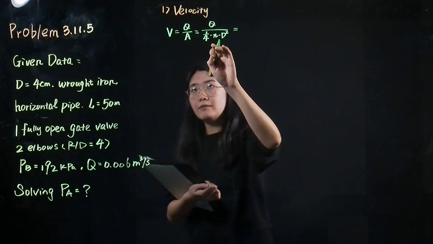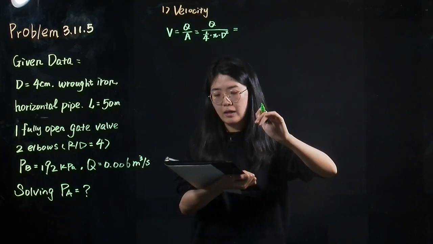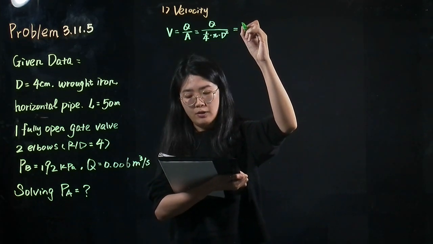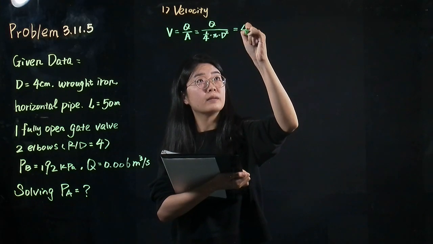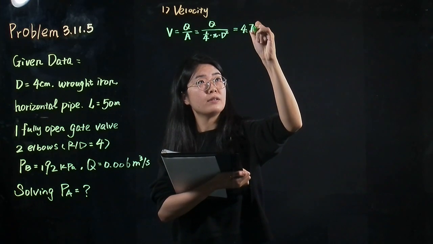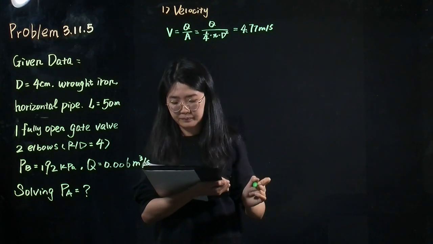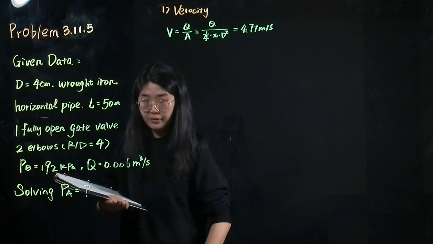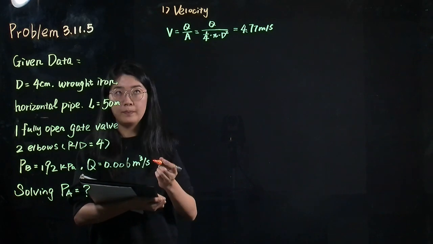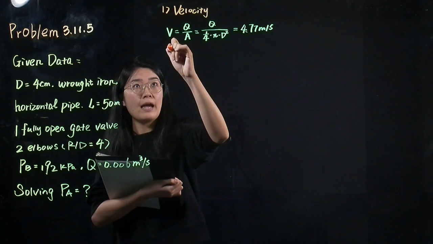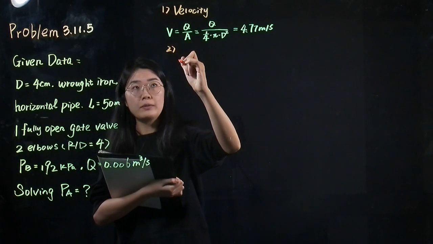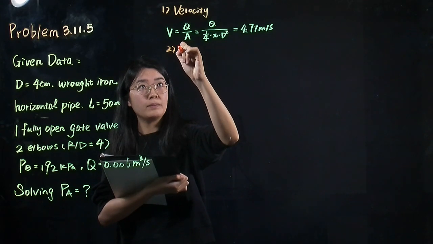So we can bring the values into that equation, and the result is 4.77 meter per second. The second step is to write down the energy equation for point A and point B.